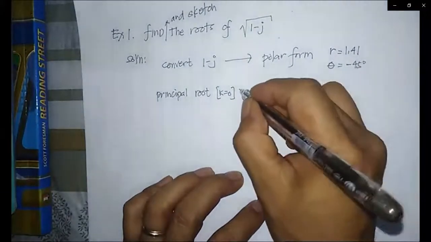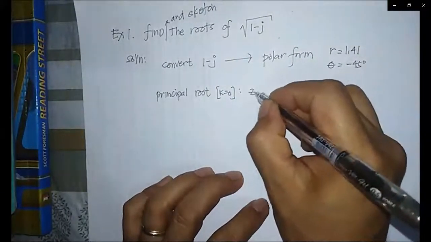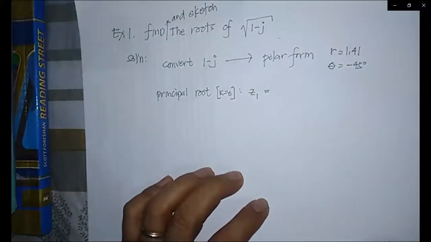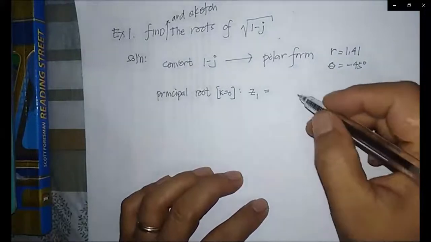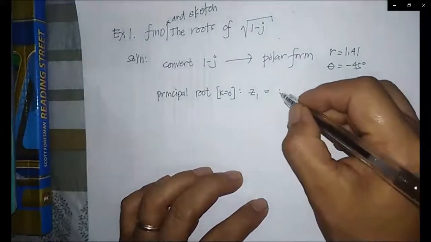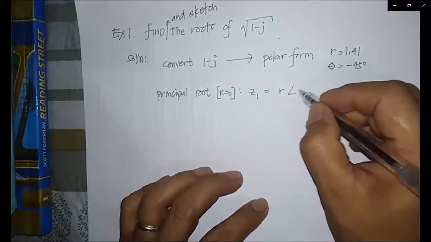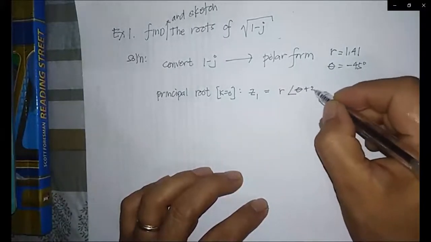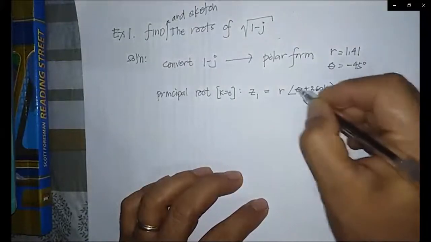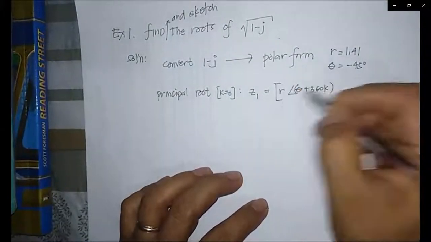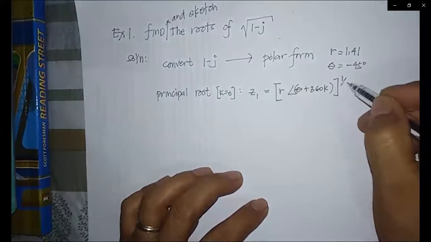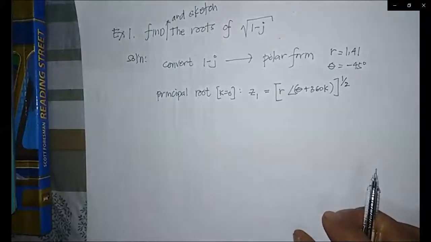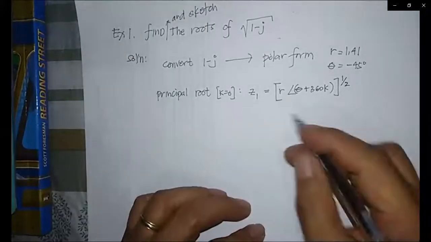The principal root can be denoted as z1, which is also equal to, take note of the formula, we have this general formula, r angle of theta plus 360 degrees times k, all raised to the power of 1/2, since square root means to the power of 1/2.